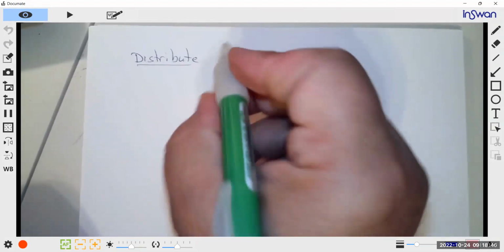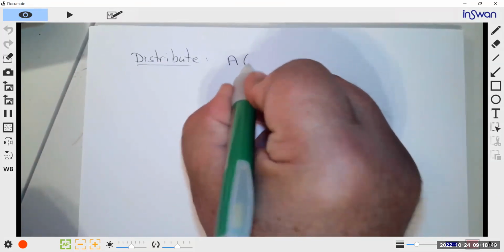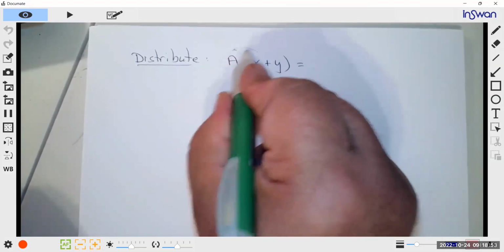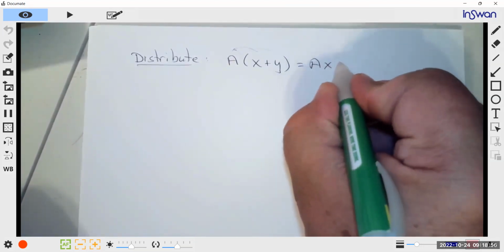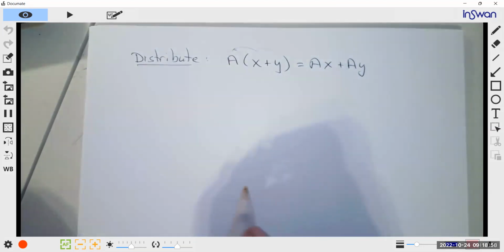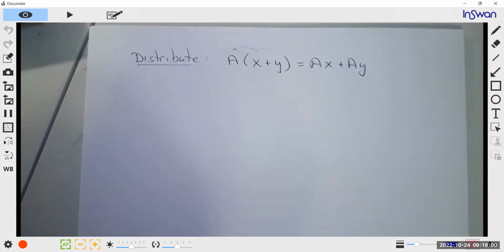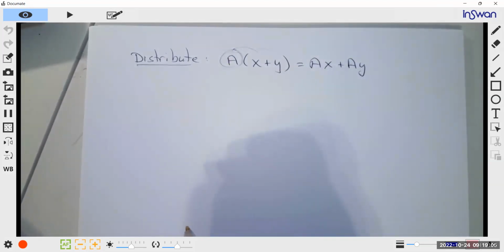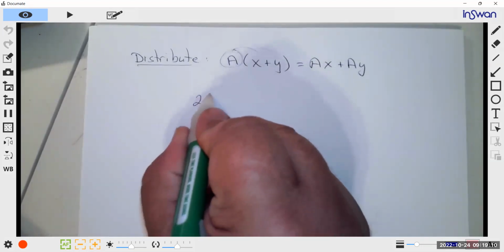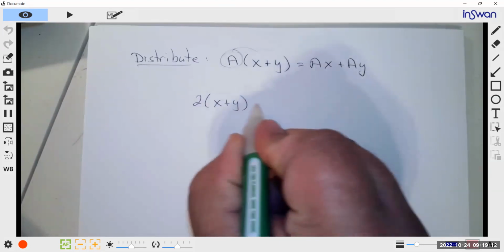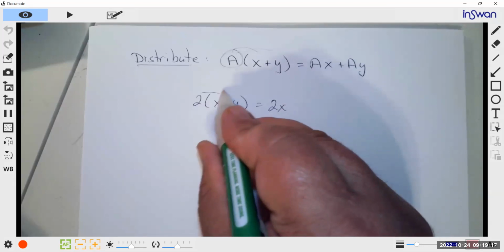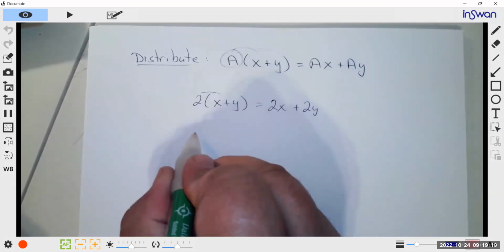Remember how we distribute. We had this rule here. So whatever's in front multiplies to both terms. That's the distributive property. I never told you what A was. If it was a number, then we know it's 2x plus 2y.